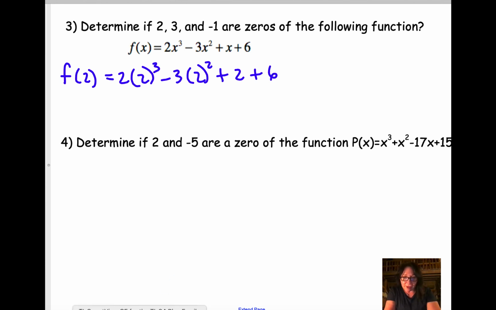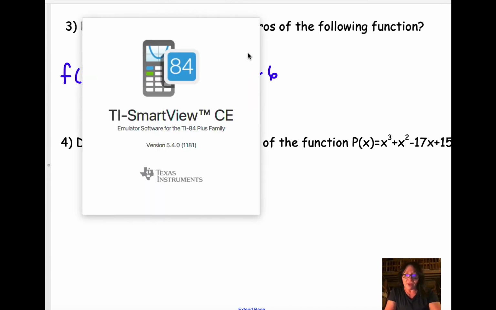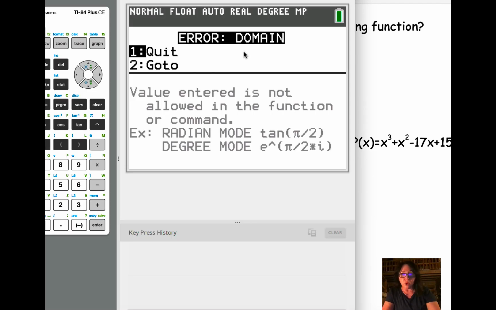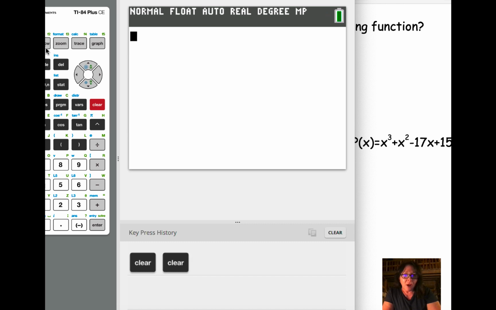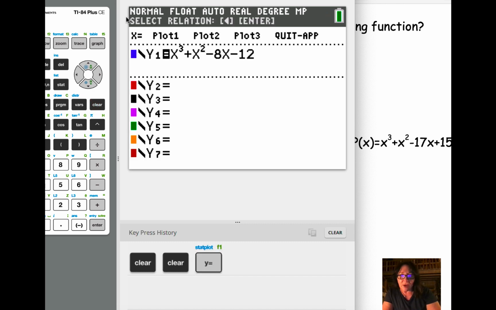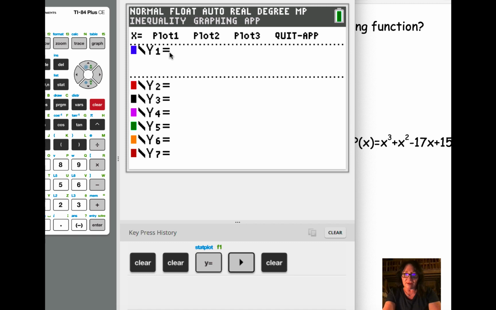I would work this out on my calculator, and this battery's low. I would plug this into my calculator, and that would be a lot quicker. So let's see what happened with that.